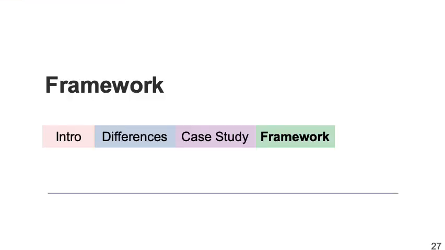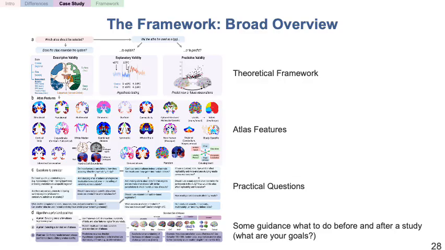And so that brings me to the framework of selecting an atlas for a study and some of the lessons I learned in conducting this study, broken into different parts. The first part is more of a theoretical framework that generalizes atlas choice in alignment with a specific goal and with respect to some atlas features.